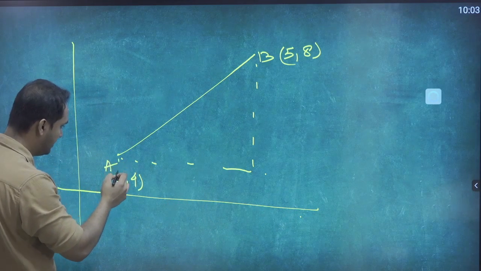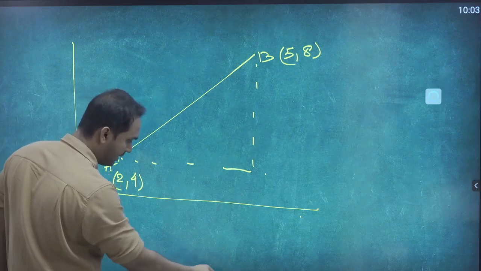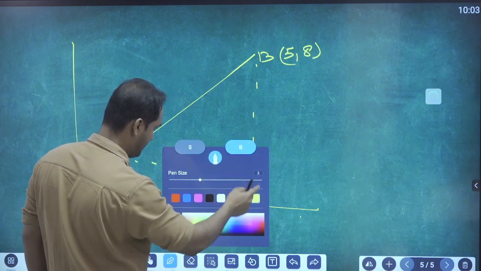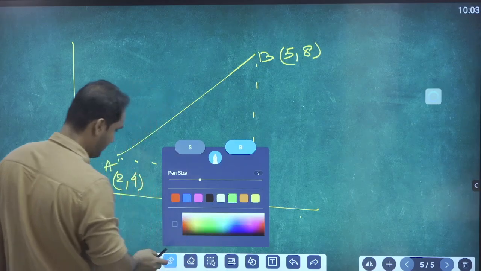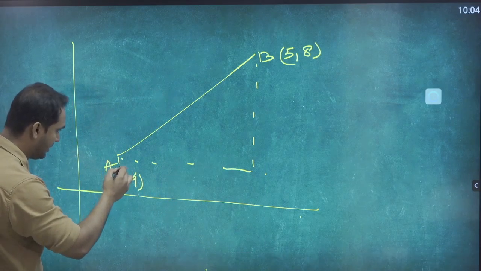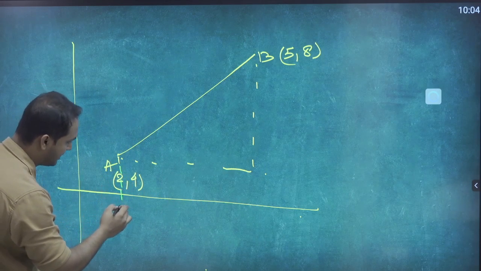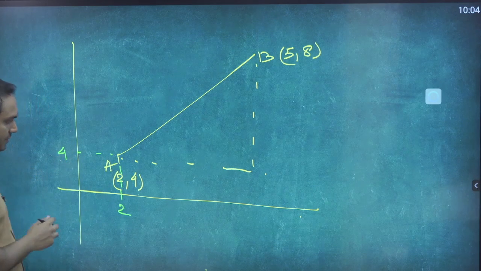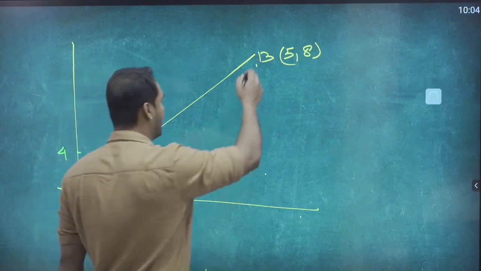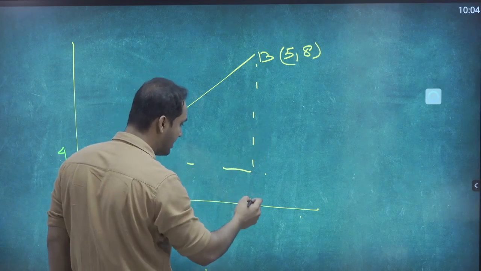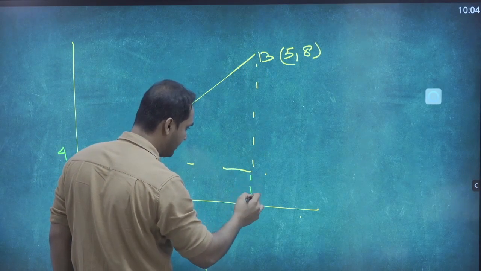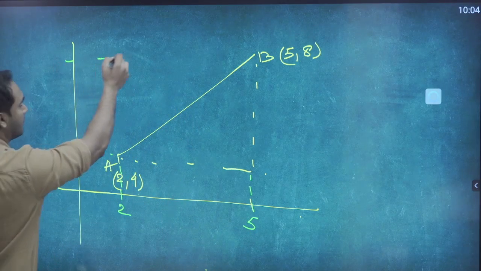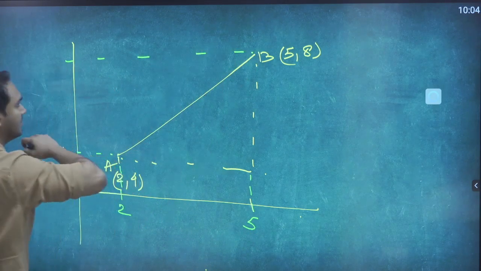So that means this lies exactly at this point, which is x is 2 and the y is 4, and this point lies exactly at x at 5 and the y at 8. This is what it means, right?